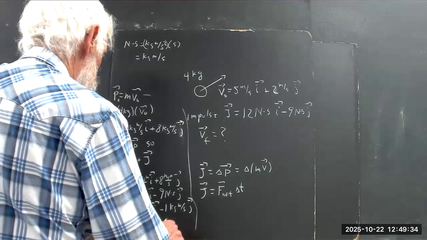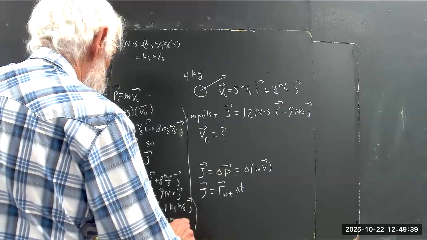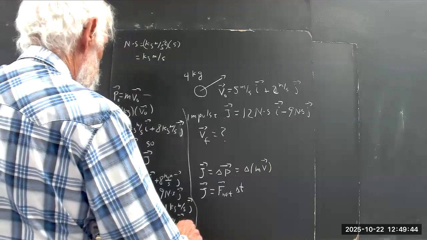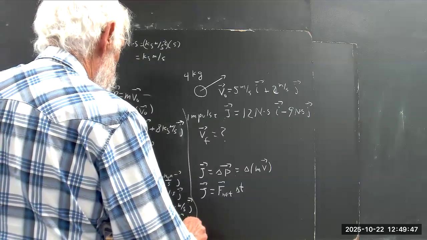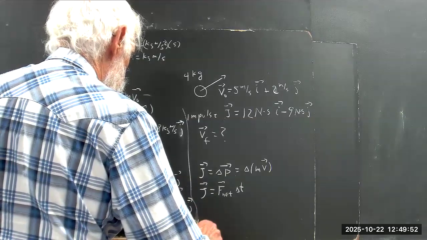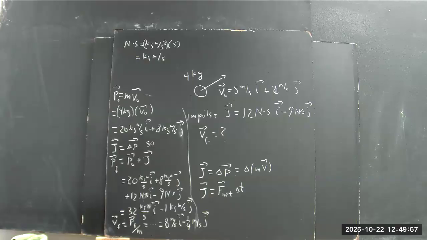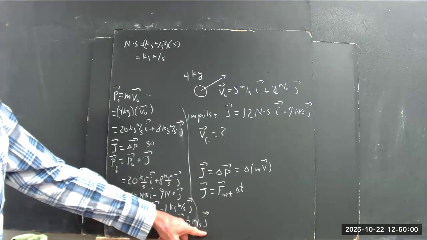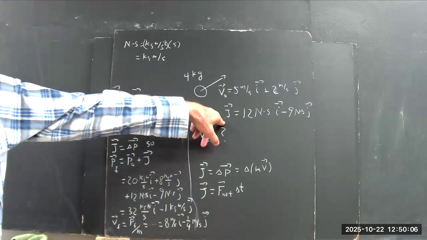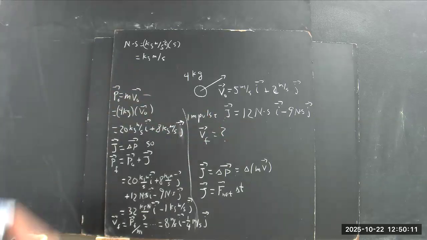So we get 8 meters per second times i minus a fourth of a meter per second times the j vector. I want to be sure we use a lowercase j for the vectors so we don't confuse it with the uppercase J for impulse. Okay?